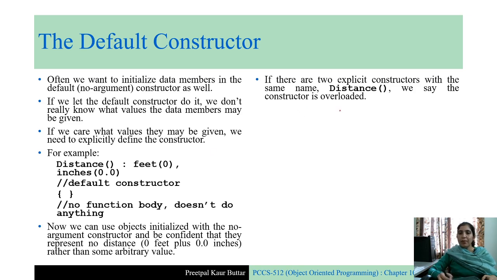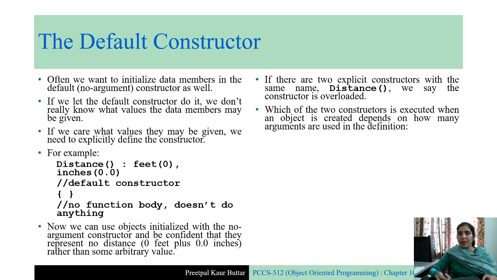In the program in which we introduced the constructors, we used multiple constructors. One of them was the default constructor, in which we initialized feet and inches to 0 and 0.0 respectively. And there was another constructor, which is called the parameterized constructor.